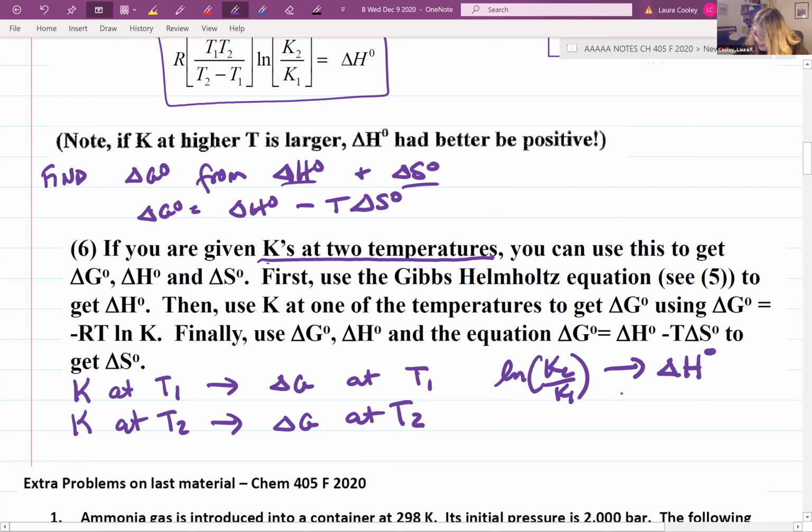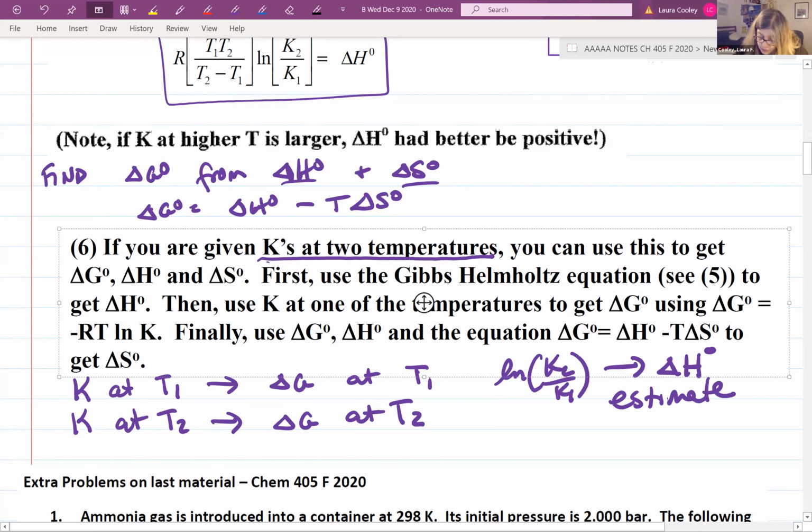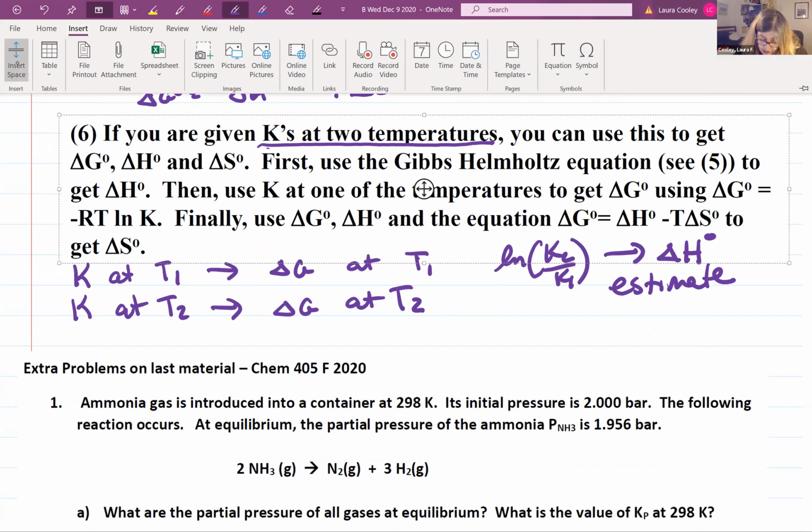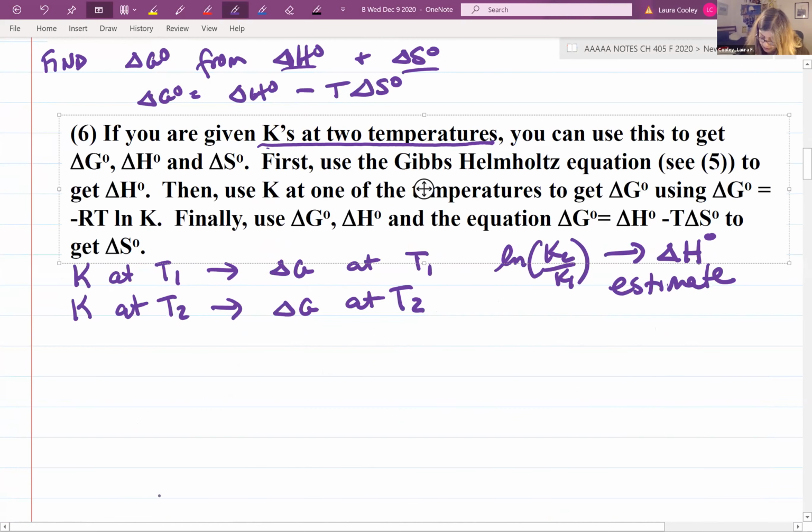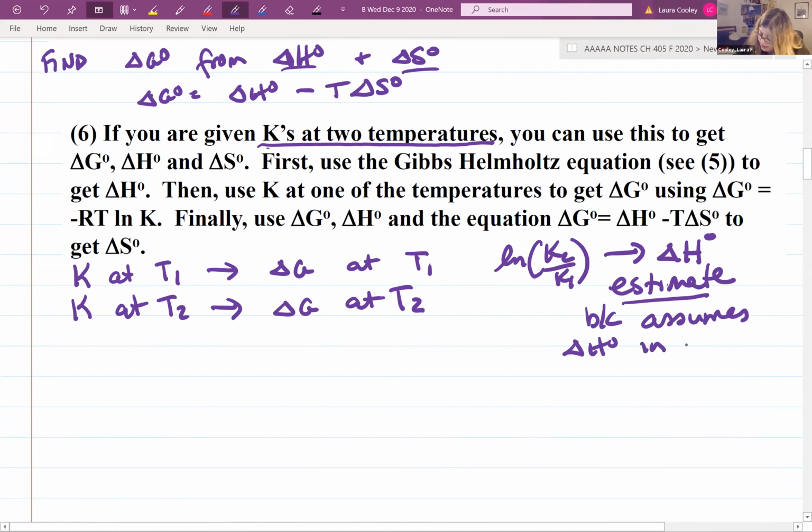Now, this I call an estimate of the delta H because it doesn't take into account the fact that the delta H depends somewhat on temperature. So this is an estimate because it assumes the delta H is independent of the temperature. The equation just assumes that, because we can't solve that integral until we take the delta H out.